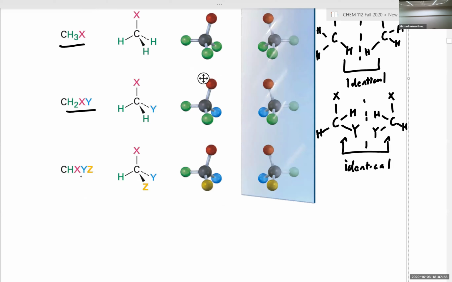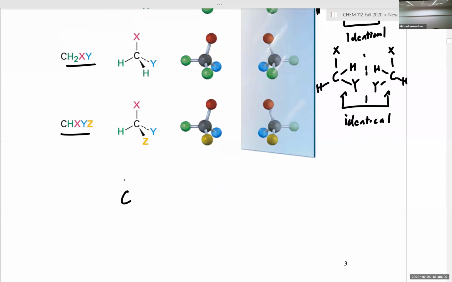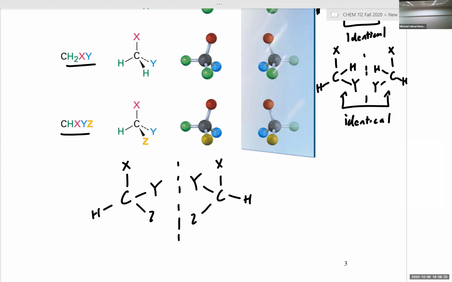Finally, let's look at a carbon with 4 different substituents. If we try to look at its mirror image, its supposed enantiomer, let's see if these structures truly are non-superimposable mirror images.